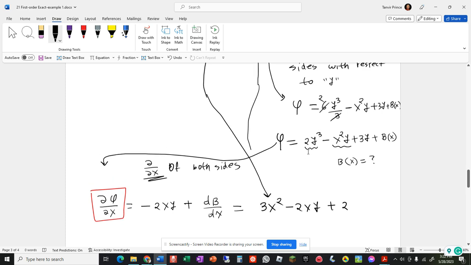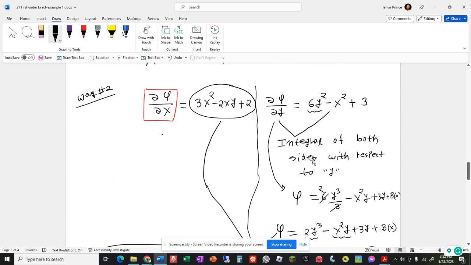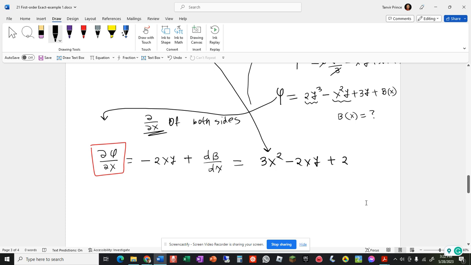Let me double check: 3x squared minus 2xy plus 2. Okay, very good. I can cancel out negative 2xy from both sides. So I get the derivative of b with respect to x is 3x squared plus 2.